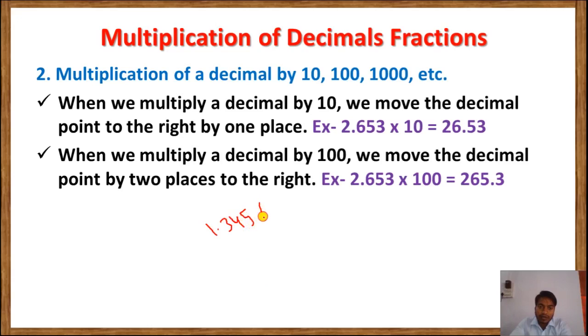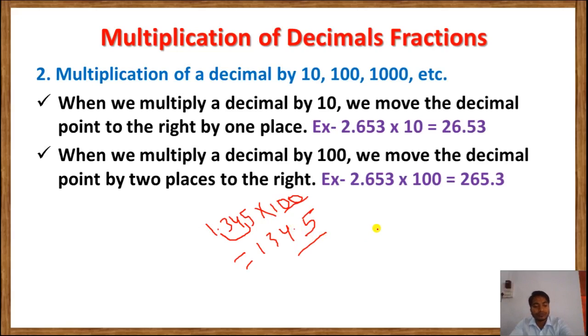When we multiply by 100, we'll get 1345, and this decimal point right now is in between 1 and 3. According to 100, this will move by two places to the right side. So when we move, the decimal point will come between 4 and 5. So this is the answer.